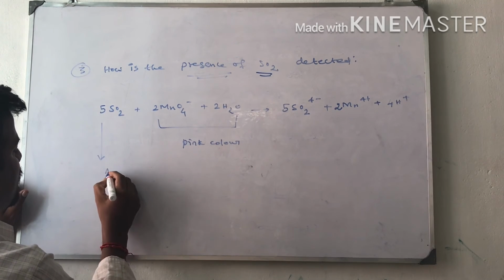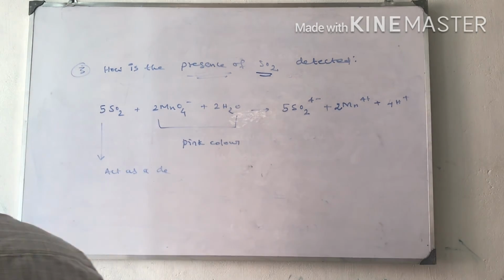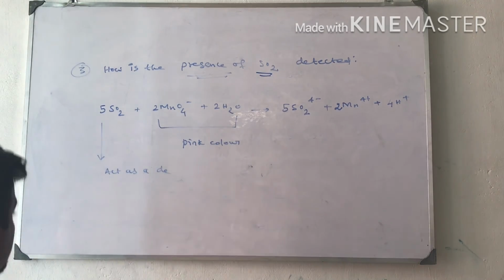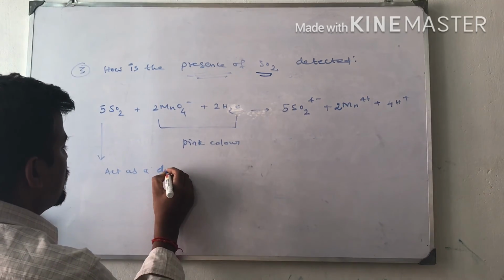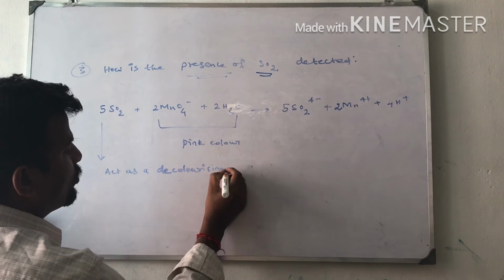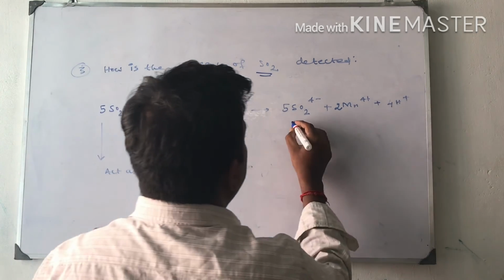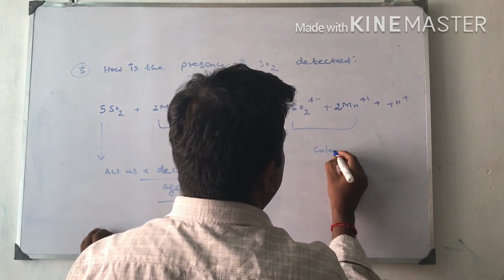Sulfur dioxide acts as a decolorizing agent. So sulfur dioxide decolorizes it. This is a colorless solution.